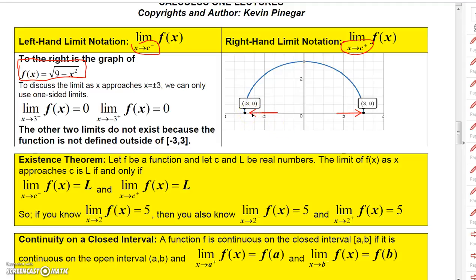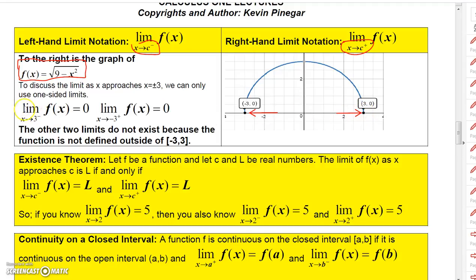As long as the limit as we approach -3 from the right is the same as the functional value, then this function is continuous at -3, and as long as this limit as we approach 3 from the left is equal to the functional value 0, then we have continuity at 3.